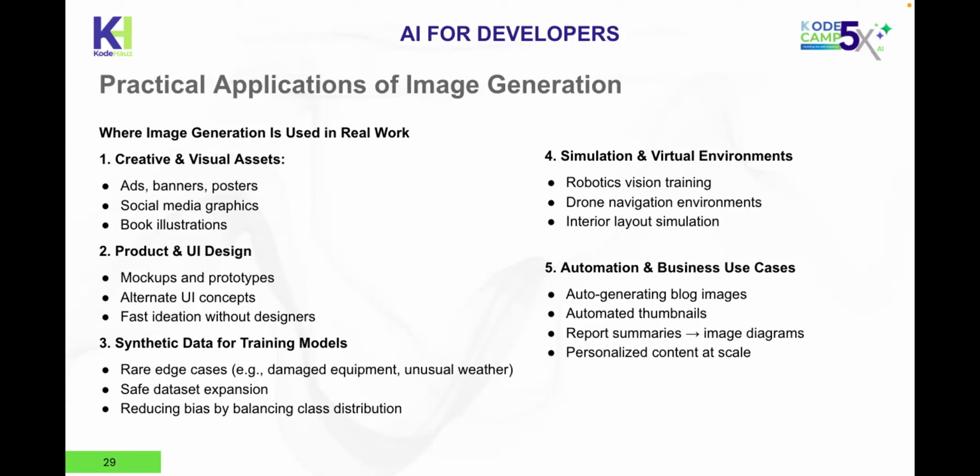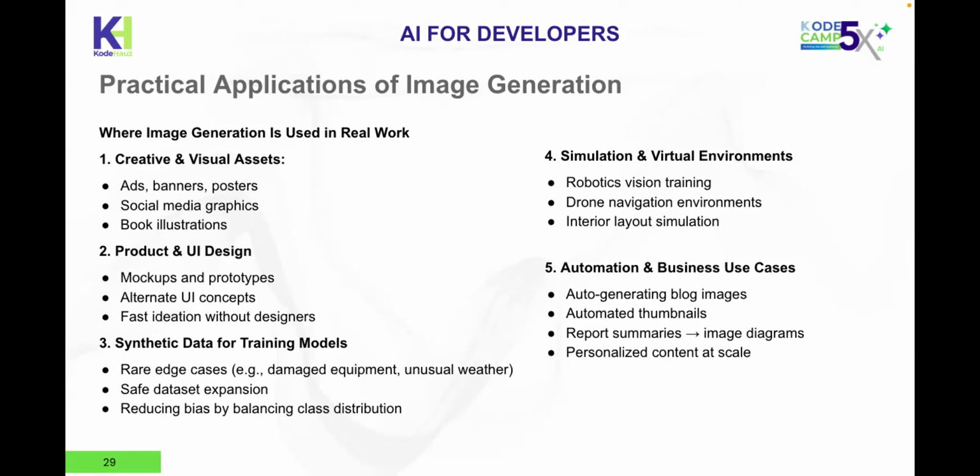Then the other use would be in simulation and virtual environments. For example, if you are building a computer vision application for robotics, you can generate images to do that. You can also use image generation for drone navigation environments and interior layout simulation.